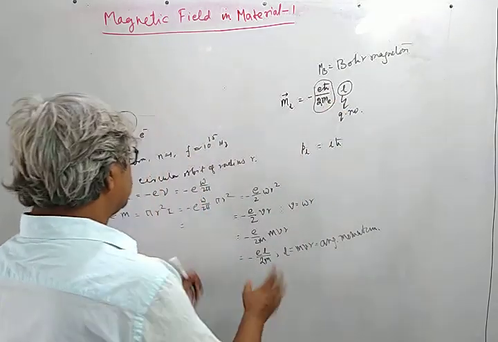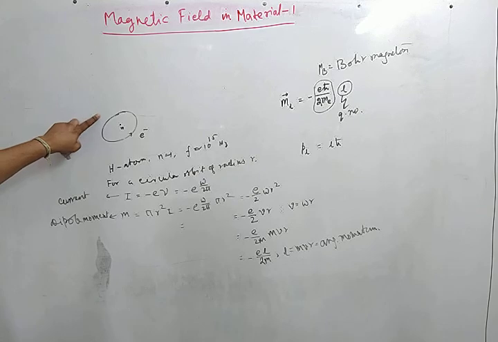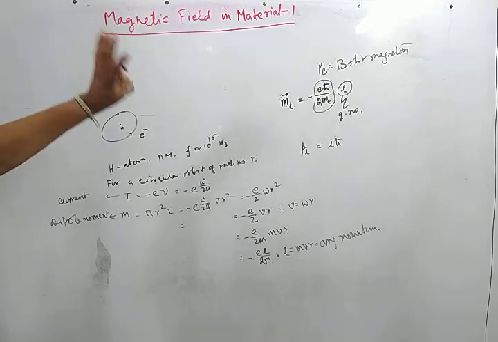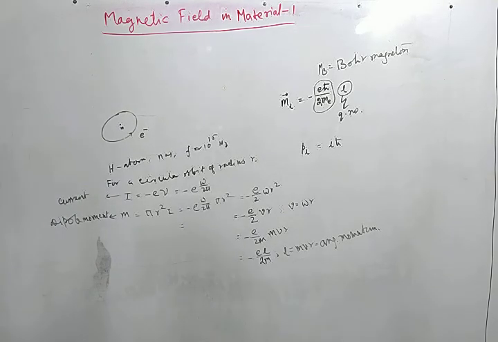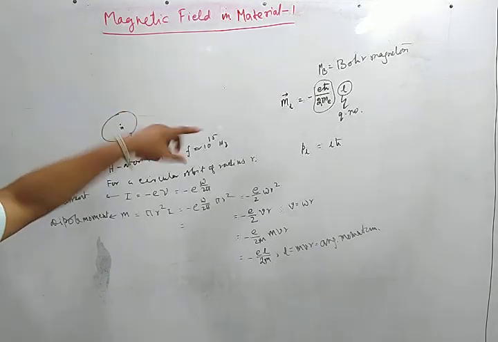However, the spirit is that whenever an electron moves around the nucleus, it produces a closed current carrying loop, so the electron orbital motion can be associated with an orbital dipole moment. These tiny dipoles are of atomic dimension, because this radius is of the order of Bohr radius or something more.